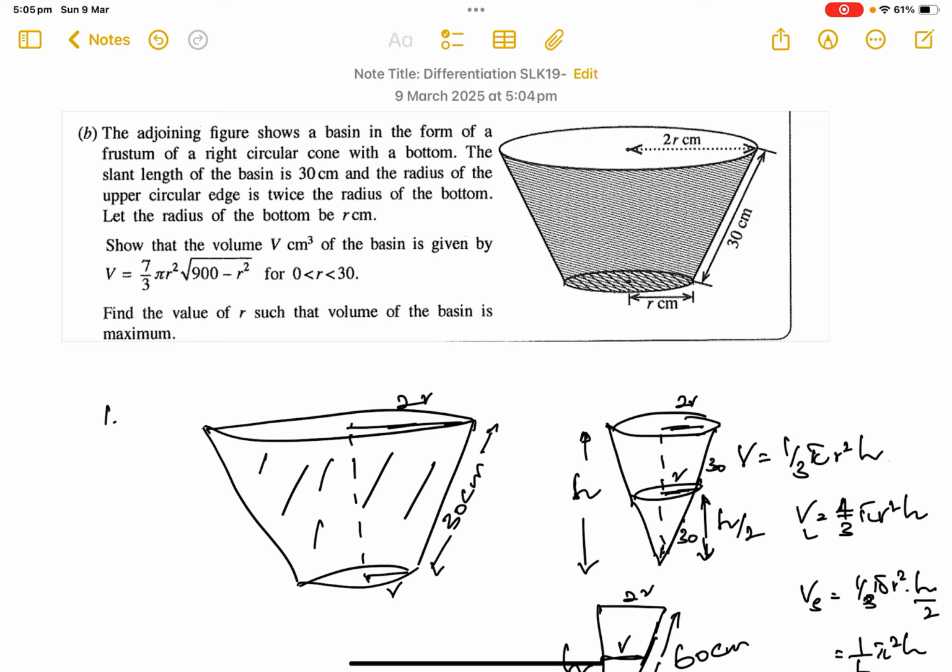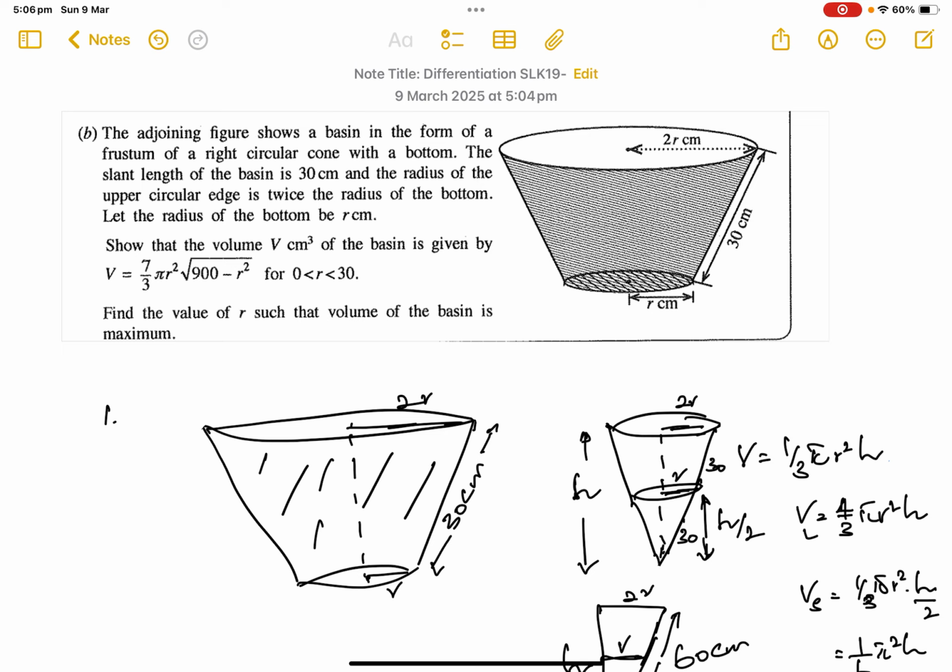The adjoining figure shows a basin in the form of a frustum of a right circular cone with a bottom. The slant length of the basin is 30 centimeters and the radius of the upper circular edge is twice the radius of the bottom.